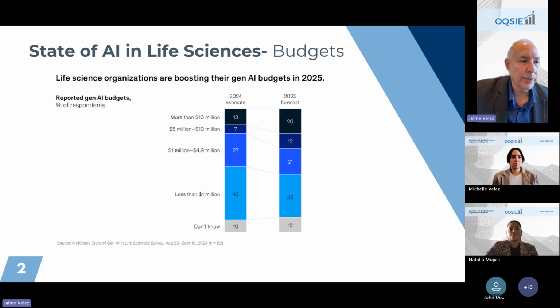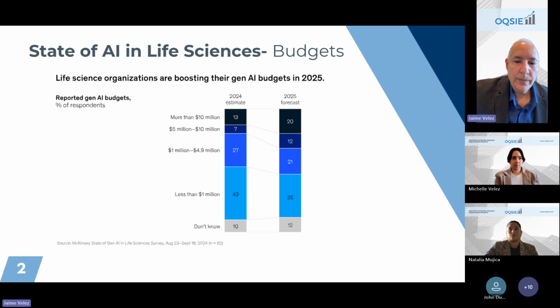So if you look at the two buckets here, between 5 million to 10 million and more than 10 million, for 2024, about 20% of life science companies, and these are all life science companies that were surveyed, were planning to spend 5 million or more. For 2025, about 32% of them were forecasting to spend more than 5 million.